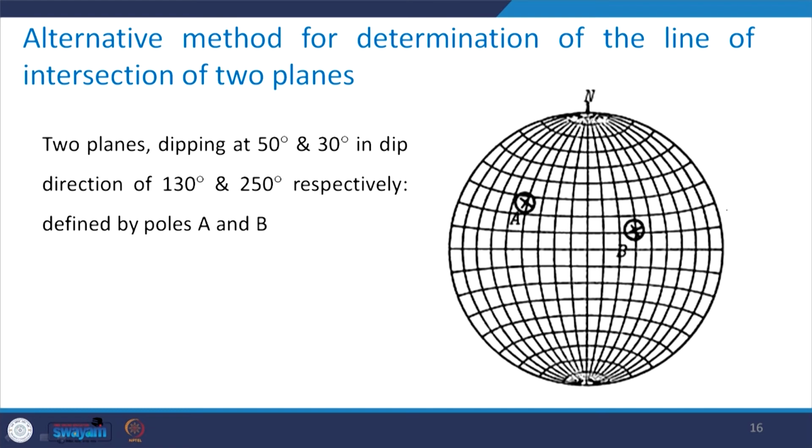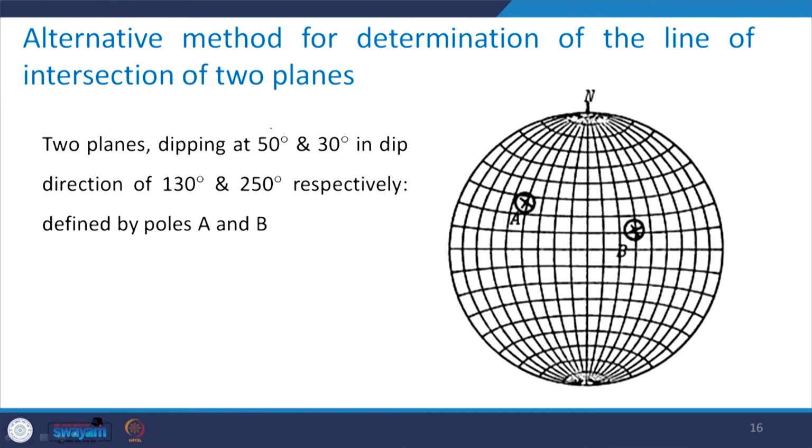This we have already discussed using one particular method, but using the poles also we can find out the line of intersection of the two planes, because I mentioned to you that the planes can either be represented by great circles or by their poles. When we represented them by great circles, we have already seen how to determine the line of intersection of two planes. So the alternative method is using the poles.